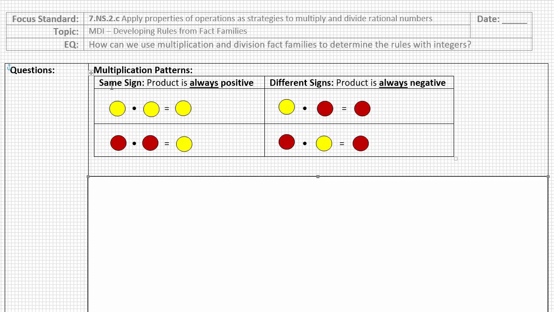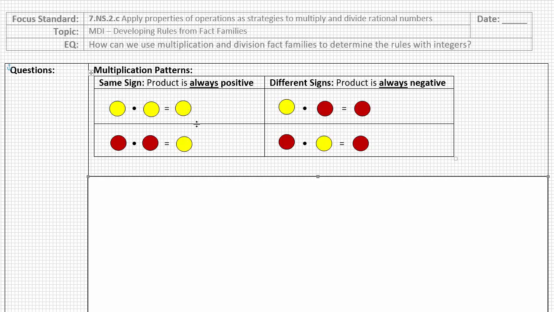What we found is if we're multiplying the same sign, either two positives or two negatives, the product, meaning the answer to a multiplication problem, is always positive. On the other hand, if the signs are different, whether it be a positive times a negative or vice versa, a negative times a positive, the product has always been negative. So these are some patterns and some rules that we have found and discussed in class.